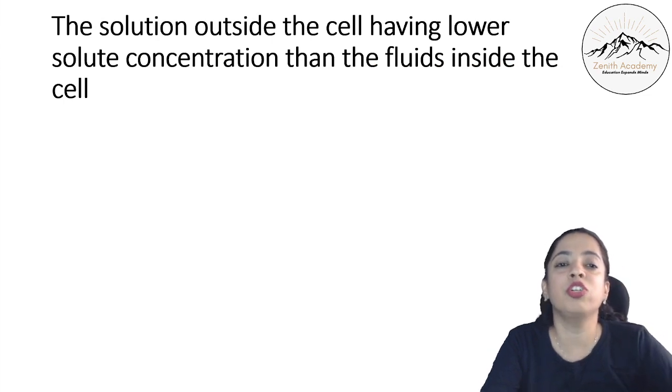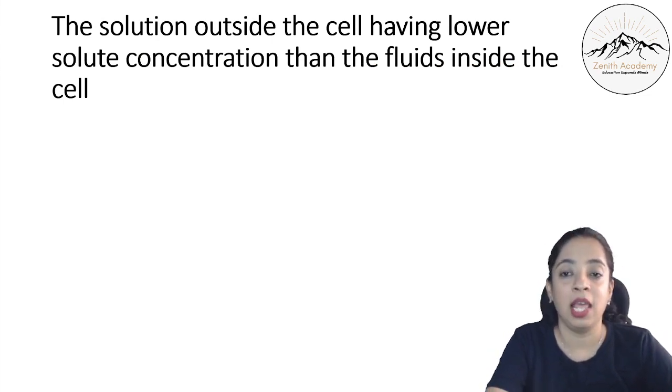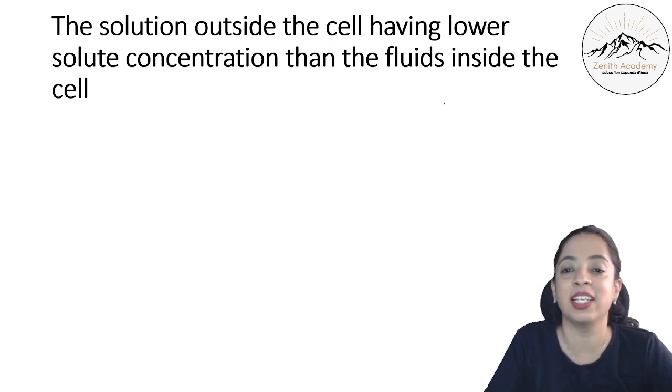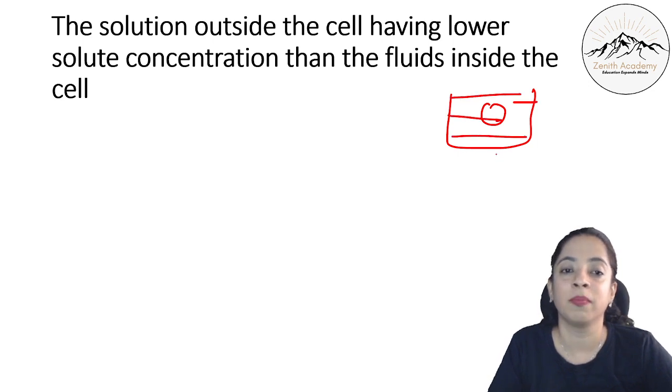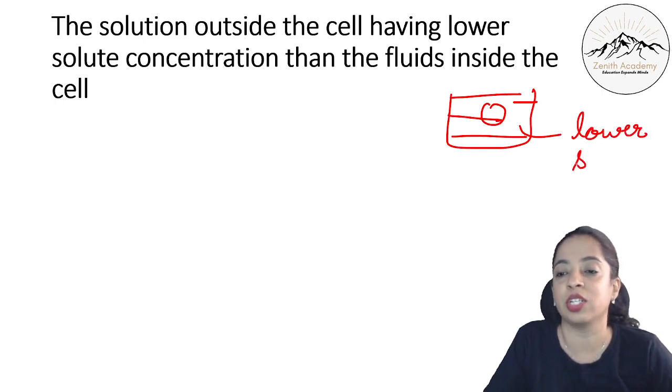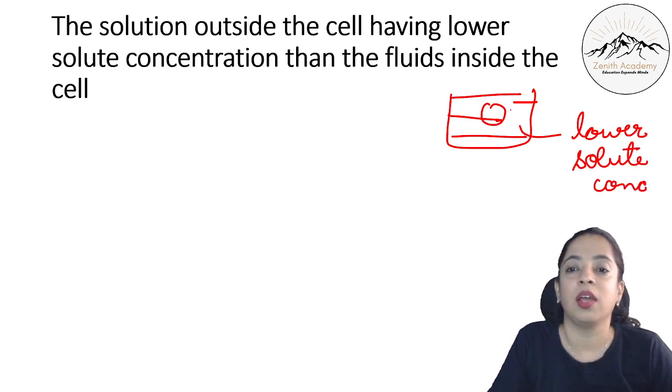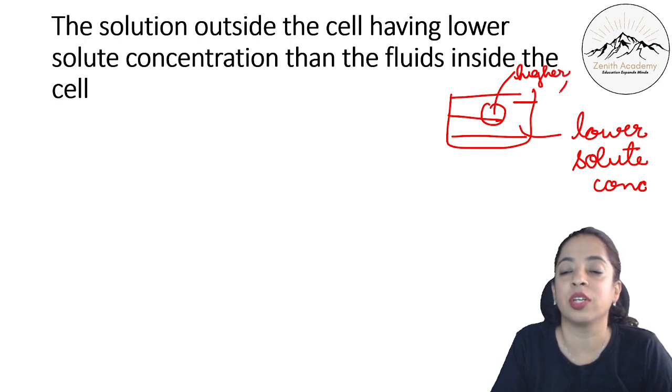Next, the solution outside the cell having lower solute concentration than the fluids inside the cell. Okay, so if there is a cell and there is some fluid outside that cell, though this solution is having lower solute concentration, and this is having higher solute concentration.